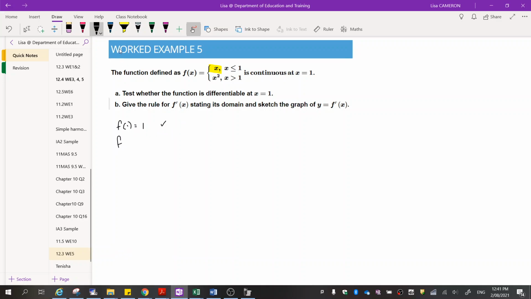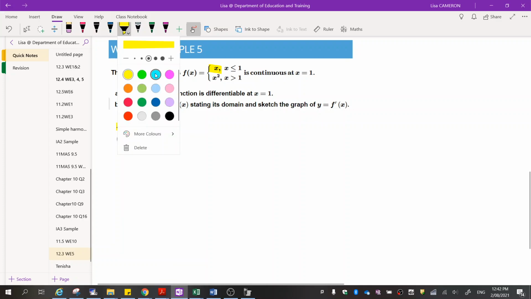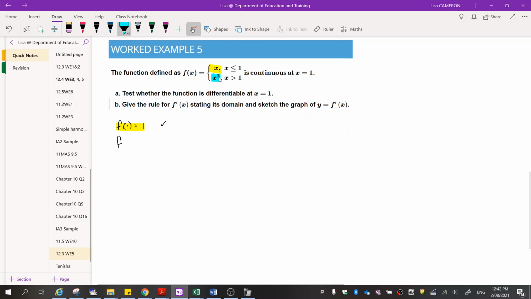Now we'll test it in the second one. f of 1 is equal to 1 squared, tick. That's also equal to 1. Therefore, it is continuous at this point.